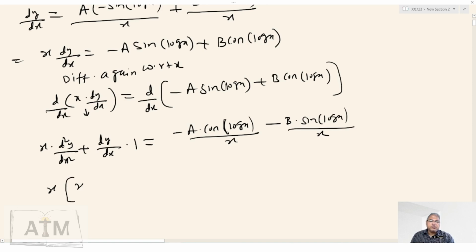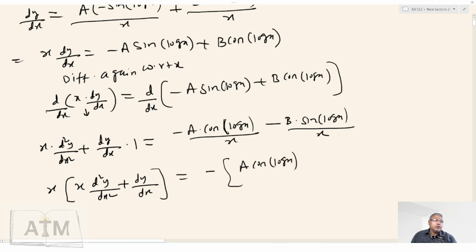So x into d2y by dx2 plus dy by dx equals minus a cos of log x plus b sin of log x. Call it equation number 2.